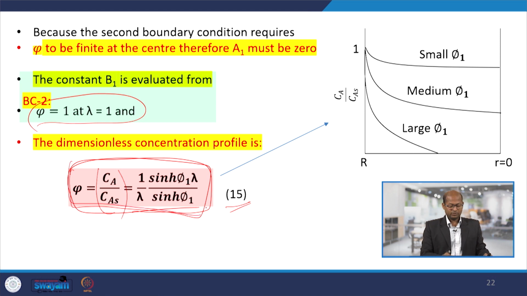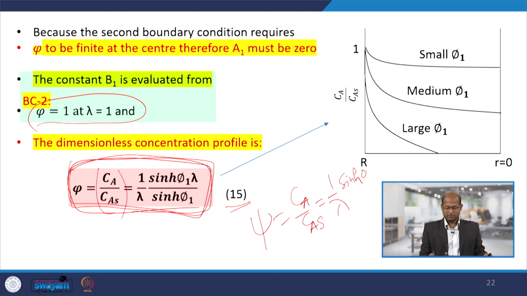Then we get the dimensionless concentration psi equals Ca by Cas equals 1 by lambda sinh phi 1 lambda by sinh phi 1. This is the concentration profile.